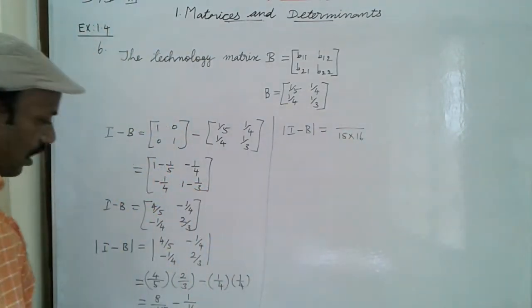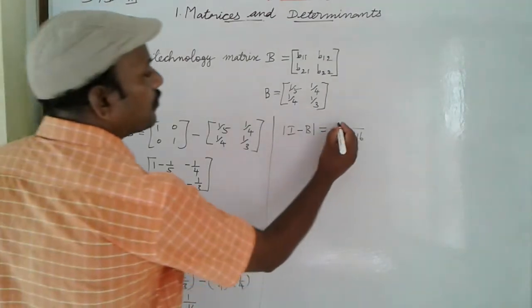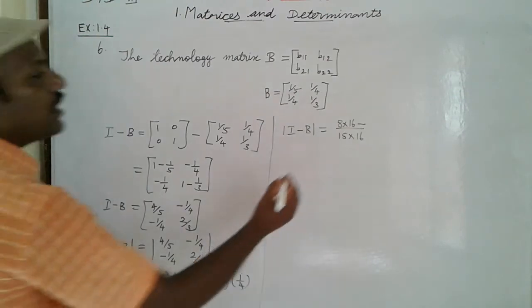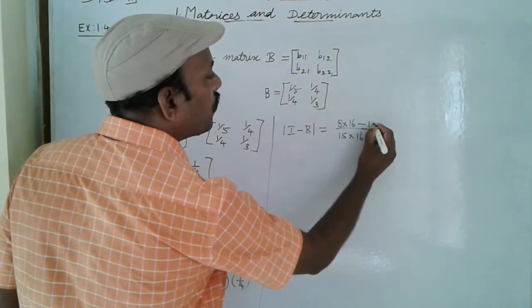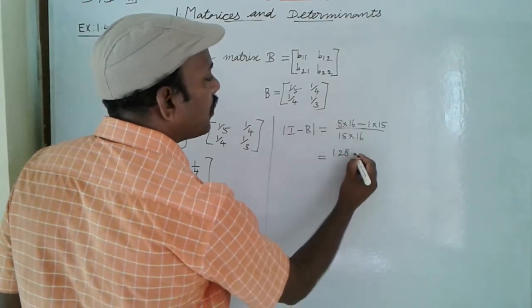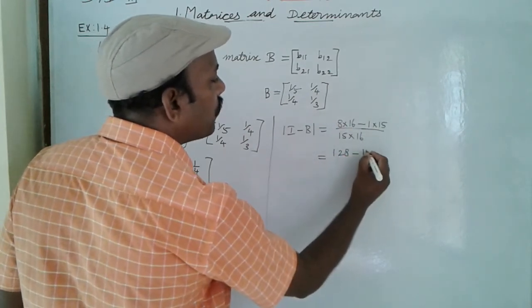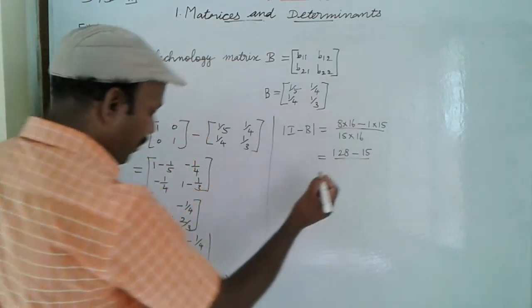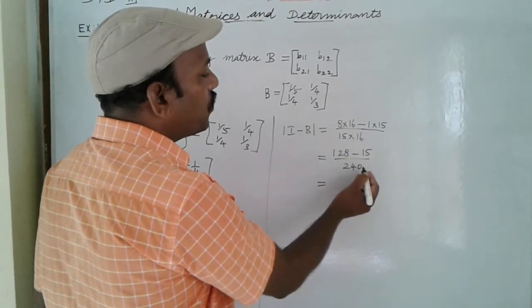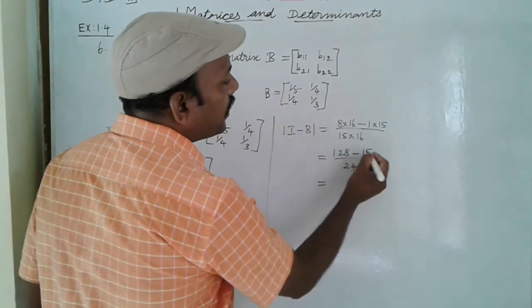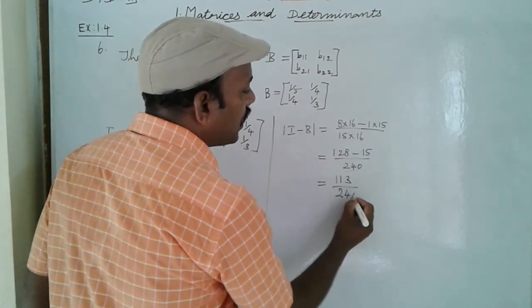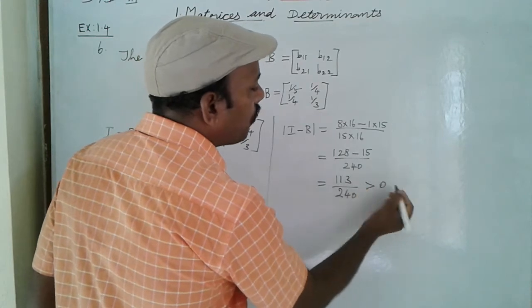So 8 into 16 minus 1 into 15 divided by 15 into 16, which is 240. So 8 16s are 128 minus 15 is 113 divided by 240. It is greater than 0.